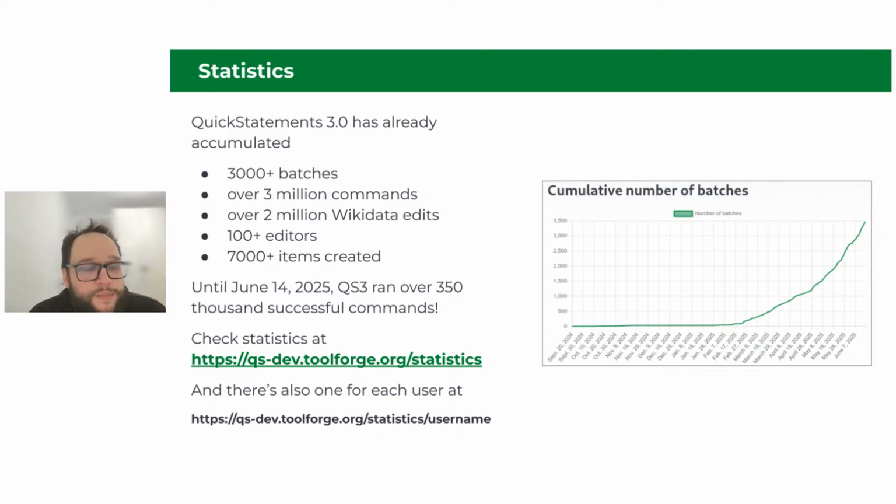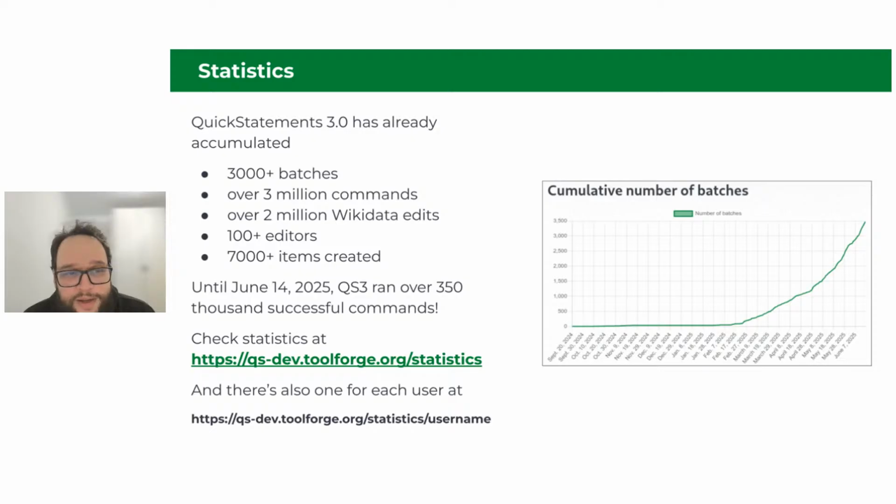More than 7,000 items were created on Wikidata. A lot of batches were for editing, not creation of items, so we are expecting to see a growth in the creation of items as well. Until 3 days ago, QuickStatements 3.0 ran over 350,000 successful commands.